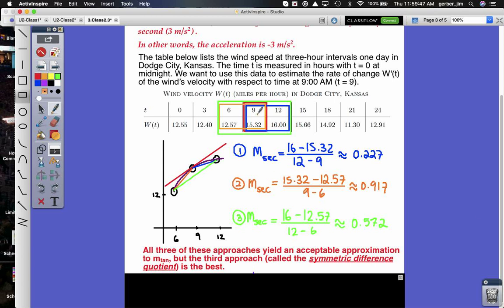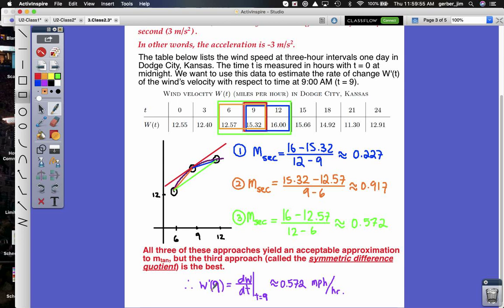And so when I'm asked for the rate of change, W prime at t, at 9 o'clock, I write that like this. I say W prime at 9, which again, written better would be dW/dt when t equals 9, is approximately, and I'm going to pick this third one, 0.572 miles per hour per hour.